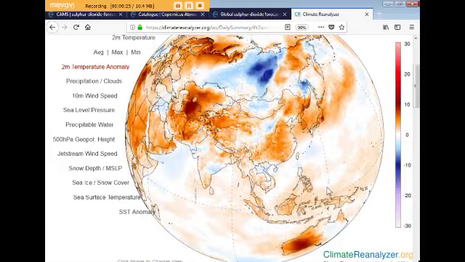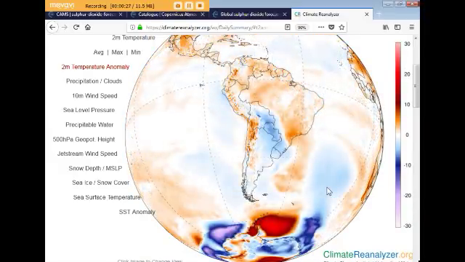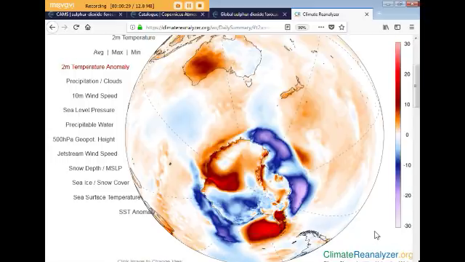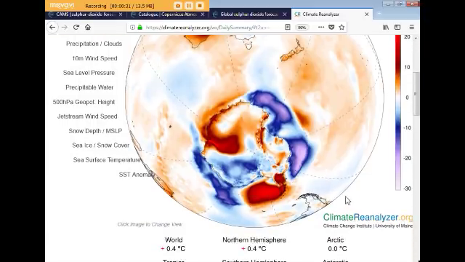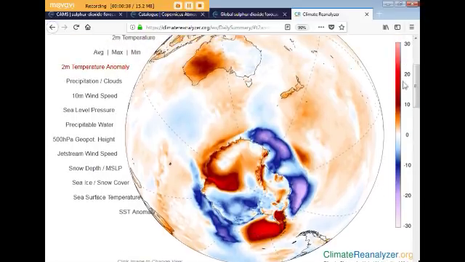And on the Antarctic view, we can see that the ocean is about 20 degrees Celsius warmer than it normally is.